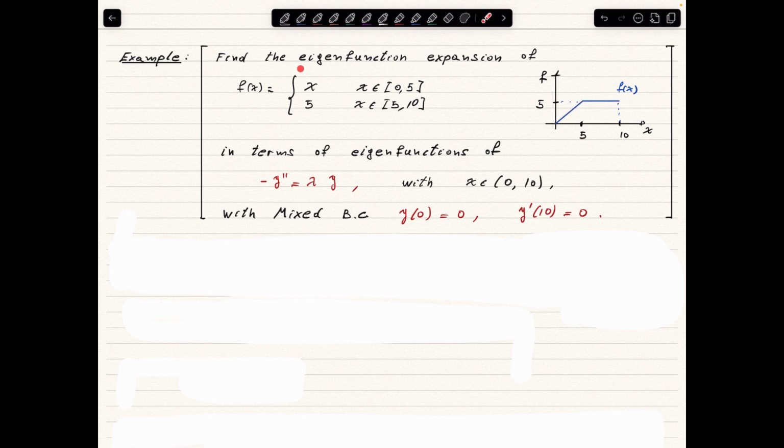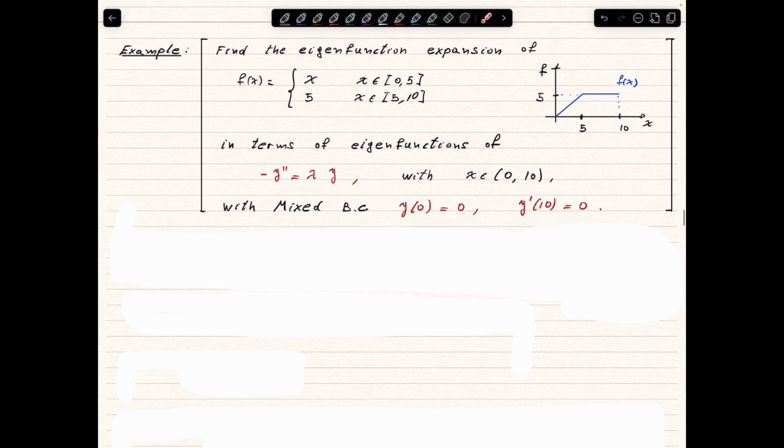So we need to find the eigenfunction expansion of this function in terms of eigenfunctions, solutions of this problem, our usual differential equation, and looks like, oh, here, derivative. So this is a mixed eigenfunction problem. So how do we solve this problem? I'm going to show you the calculations, and then you can do it yourself on your paper later.